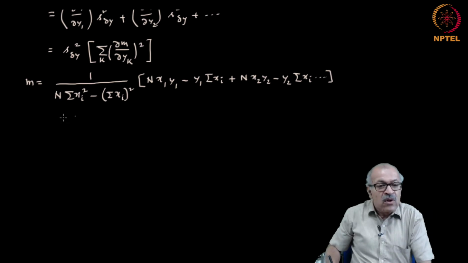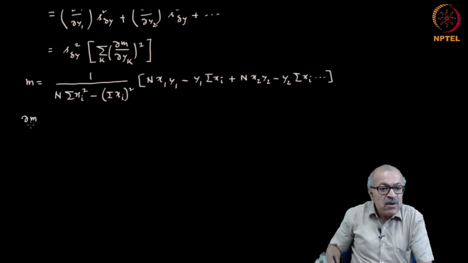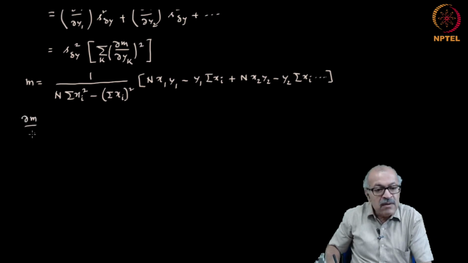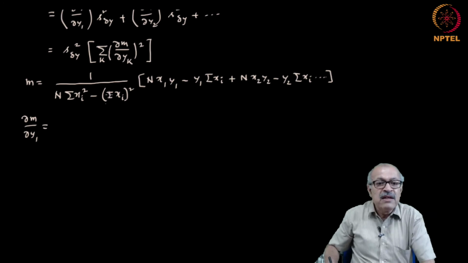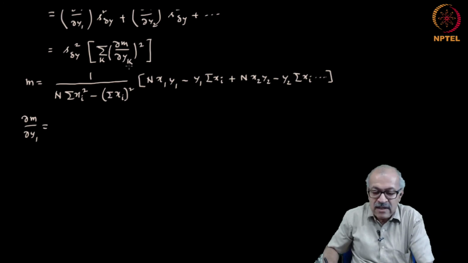Now we are to find the derivatives. We have to differentiate m with respect to delta y1, the first one, and that will indicate what will happen for the general case k.